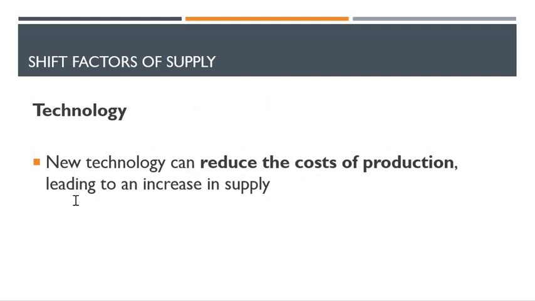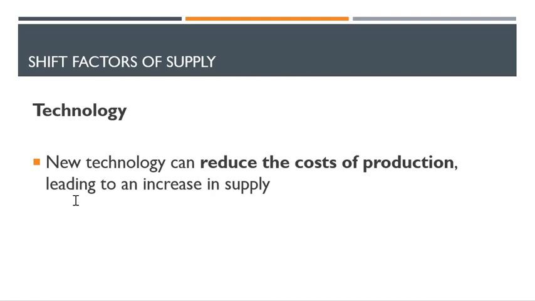There is another important factor which shifts the supply curve, which is technology. We have observed in the last few decades that technology changed so many things. In fact, it not only lowers the cost of production, but it also improves the experience of the consumer as well.